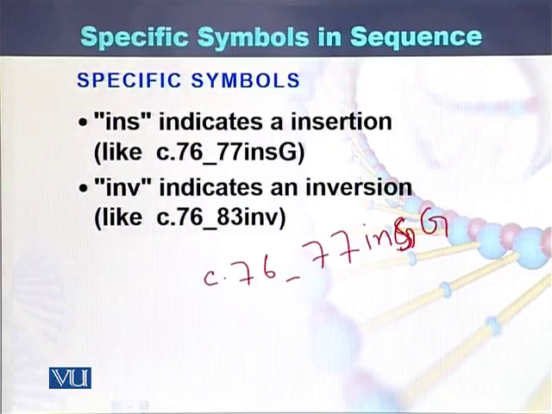So the meaning is that c for the coding, there is insertion between nucleotide 76 and 77. Between 76 and 77 there is an insertion of a nucleotide, that is G. So G is inserted between 2 nucleotides, and the numbers of those nucleotides are 76 and 77.